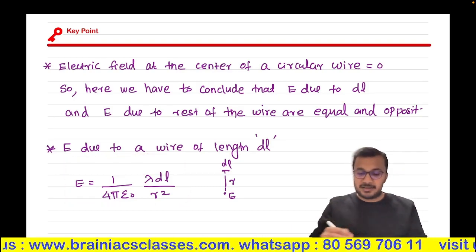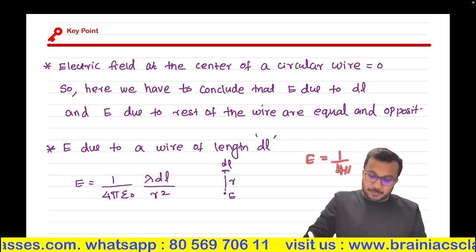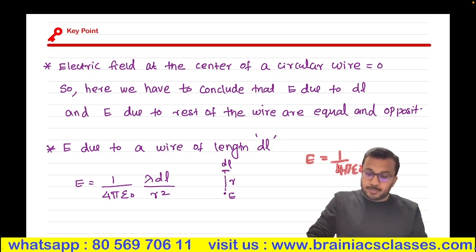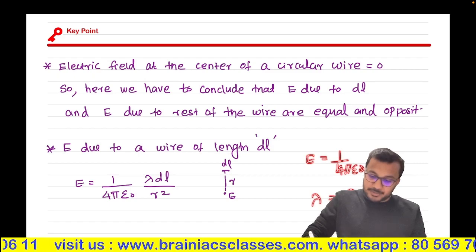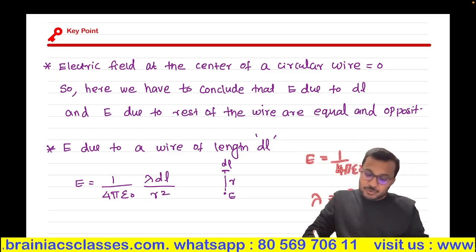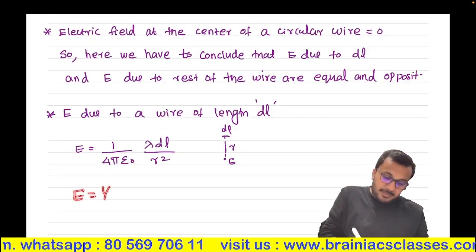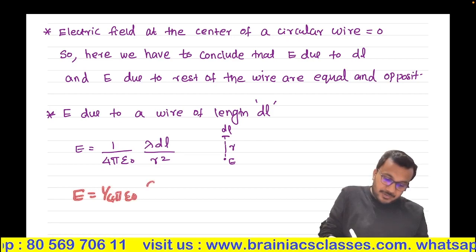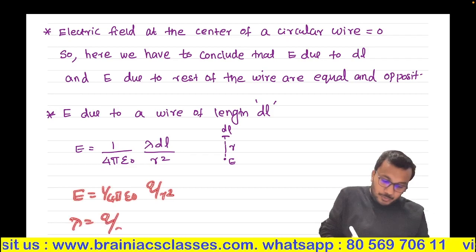What is lambda dl? Normally we write the electric field formula as 1 by 4 pi epsilon 0 q by r square. We know lambda is charge per length, so for a small length, lambda equal to q by dl.